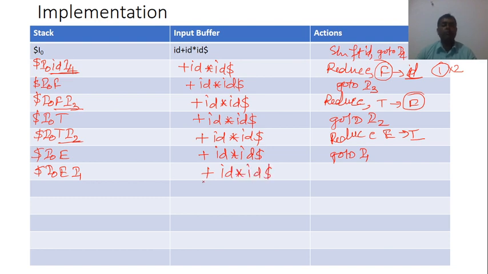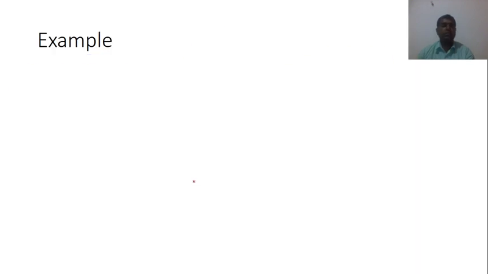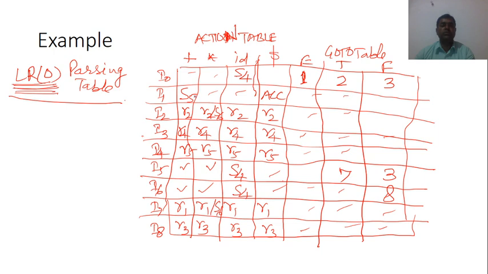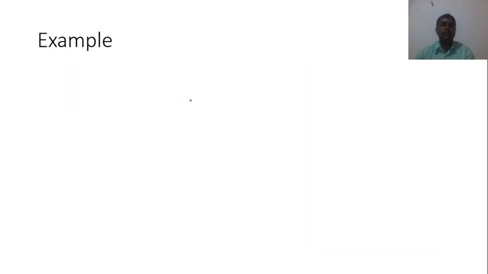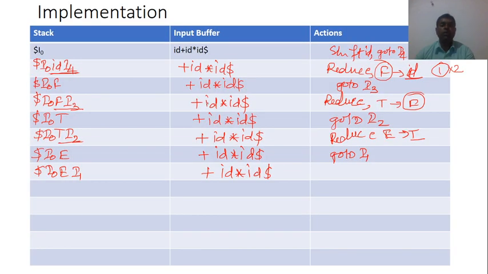Now I1 plus, that is what? S5. Shift and go to I5. So what do I have to shift here? Shift plus and go to I5.